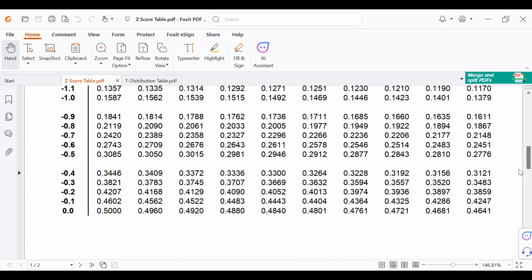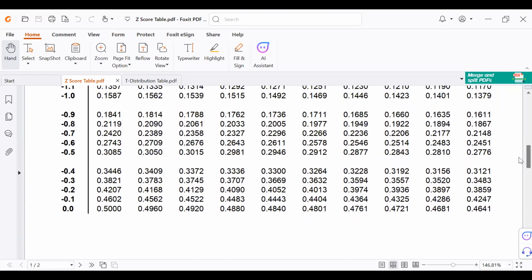Let's go down a bit. We have negative 0.3 here. We know that the last column is 0.09. So this is where we have negative 0.39. Here the probability for negative 0.39 gives us 0.3483. So that will be our probability.